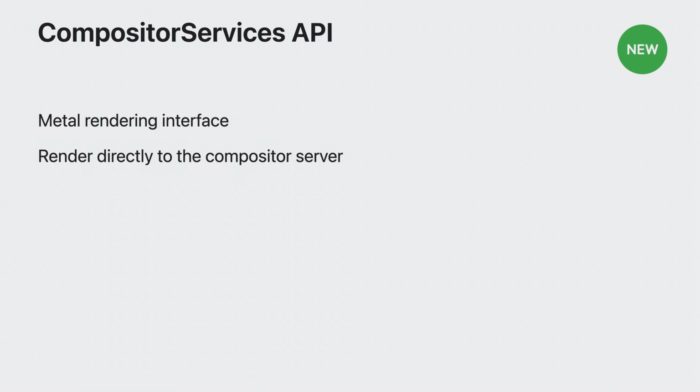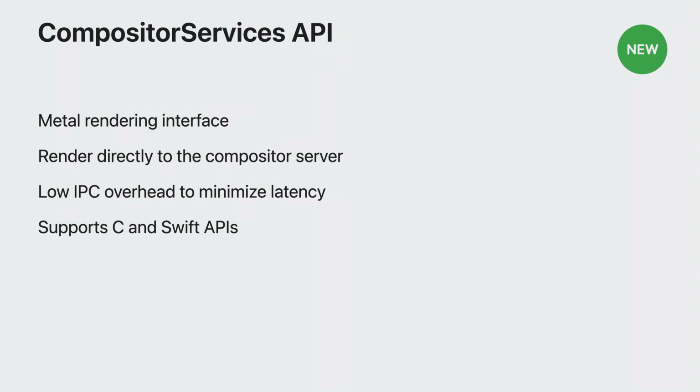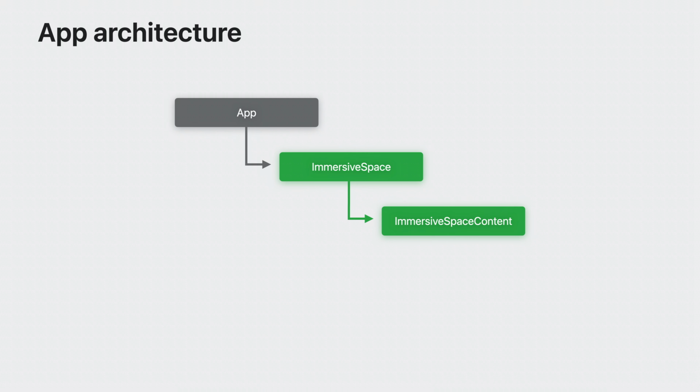With Compositor Services, applications can render directly into the compositor server. It has a low IPC overhead to minimize latency, and it is built from the ground up to support both C and Swift APIs. When using Compositor Services, the immersive space content is called CompositorLayer.